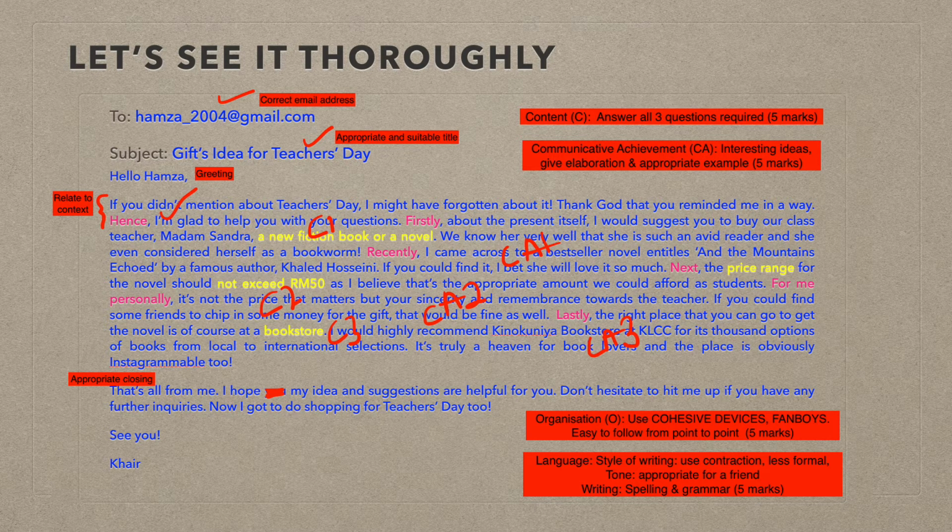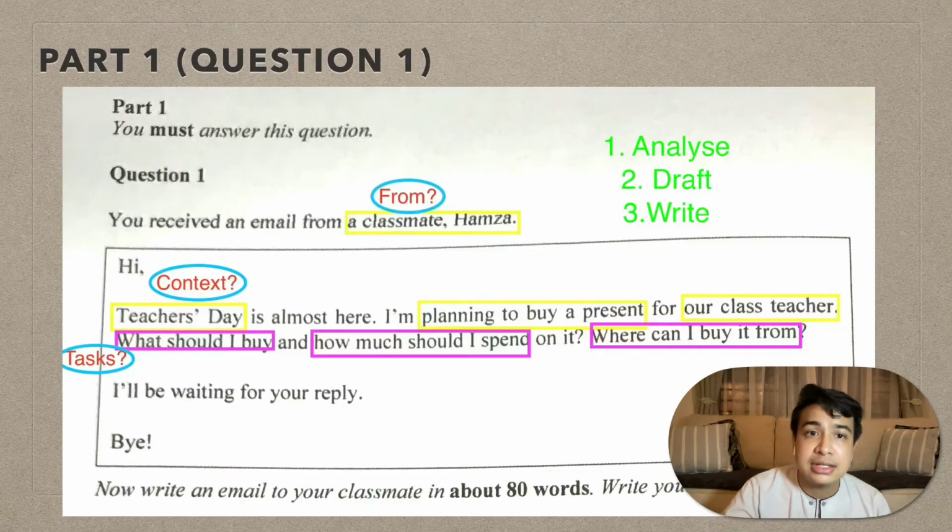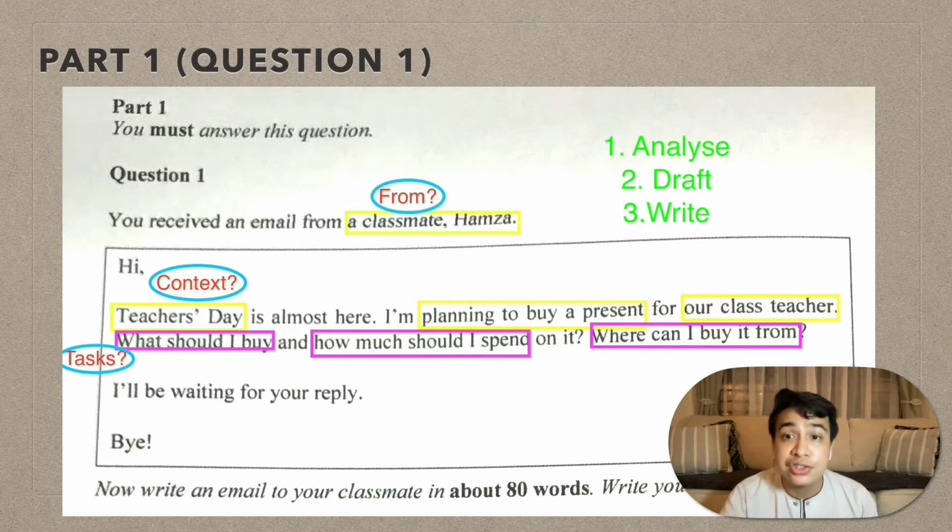As long as you practice the structure, the three steps that I introduced earlier on: you have to analyze the question, you have to draft, and then you can write. Analyzing is important so that you don't misinterpret the question, and it's really crucial for you to know the requirements or tasks of the email.